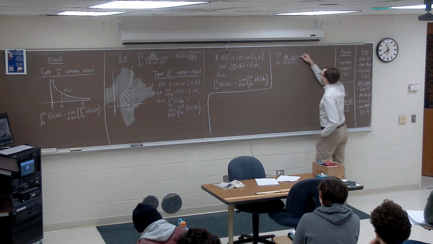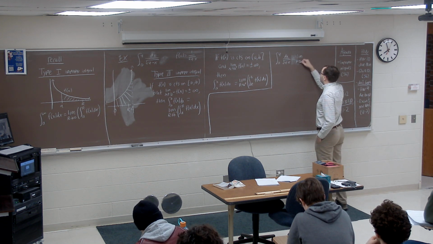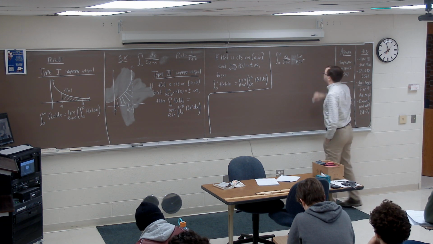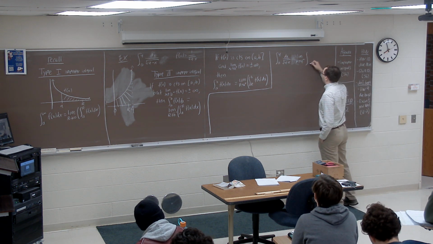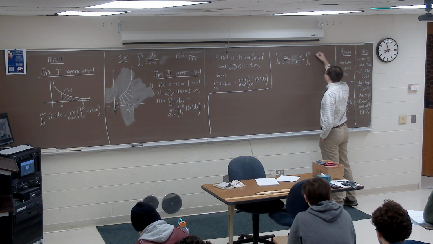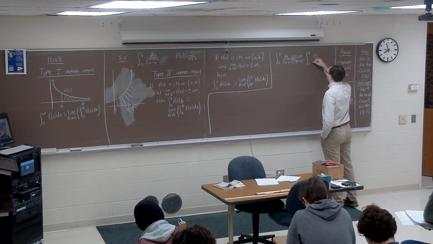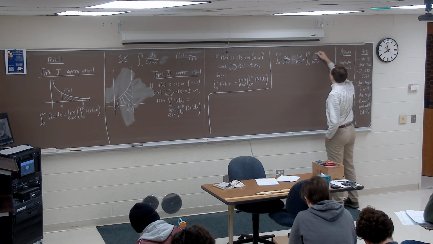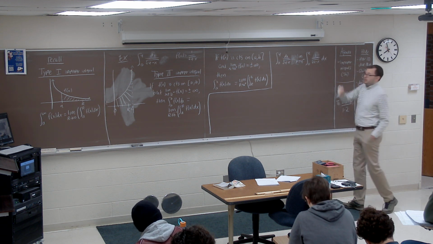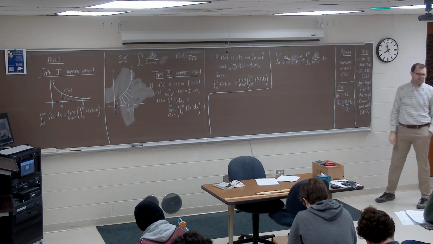Take a limit as r approaches 4 from the left-hand side, and then integrate from 0 to r of 1 over square root of 4 minus x. If it helps, you can put the dx out here or in the numerator. It means the same thing either way.